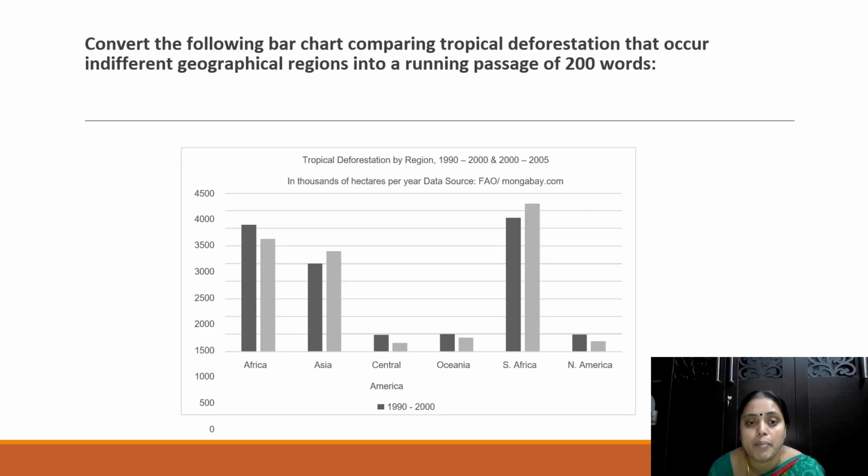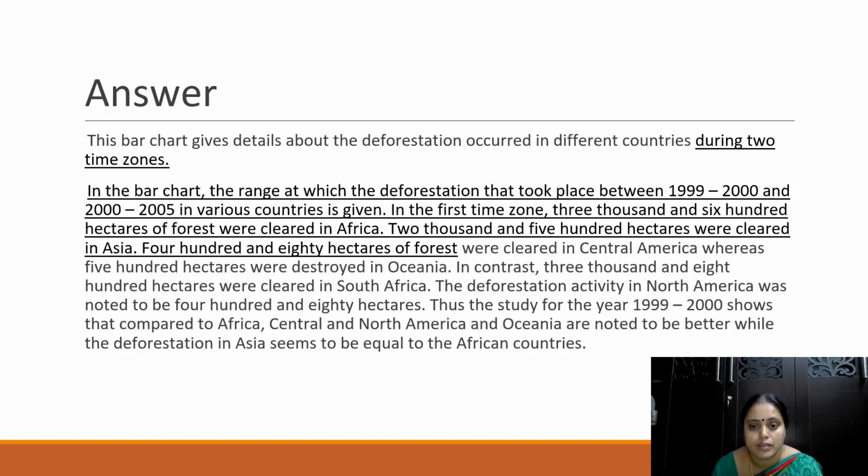Finally, this is an example of interpreting a bar chart: compare the tropical deforestation that occurred in different geographical regions in a running passage of 200 words. They have highlighted the different geographical regions and the tropical deforestation every year. By observing all the data clearly, you have to start interpreting.